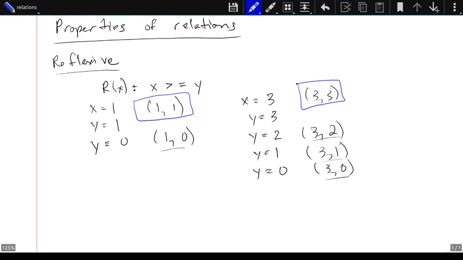So as long as the relation pairs a number with itself, that relation is said to be reflexive. And what gives this away is this equal sign here. So x greater than or equal to y is reflexive. X less than or equal to y is reflexive. X equals y is reflexive. All of those are examples of reflexive relations.